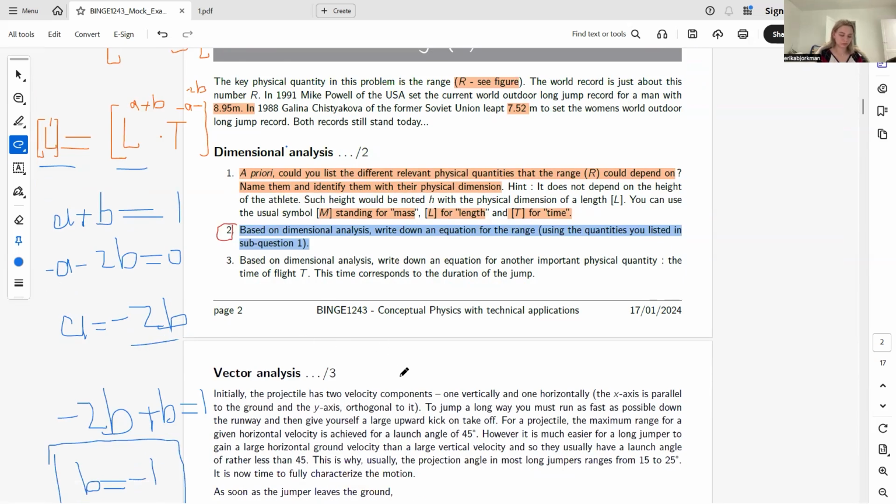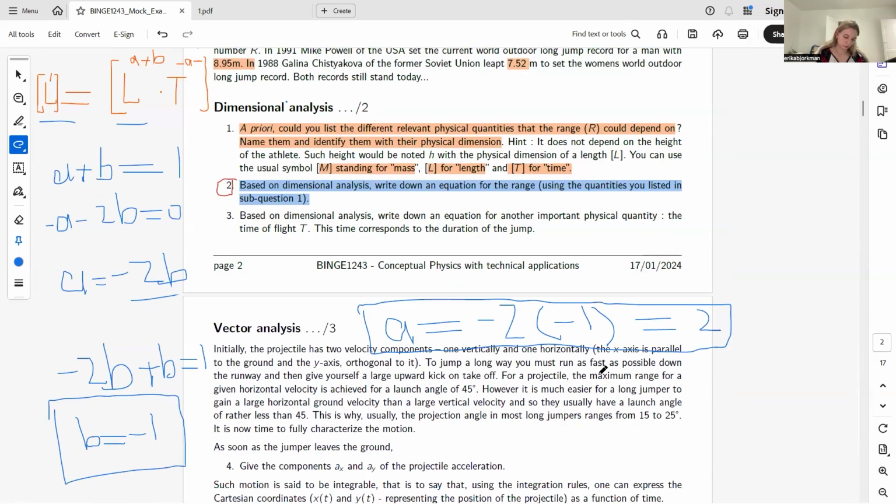Then A is equal to minus 2 into minus 1, which results in plus, so A is equal to 2. Till this step we have calculated the values of the exponents. The value of B is minus 1 and the value of A is plus 2.